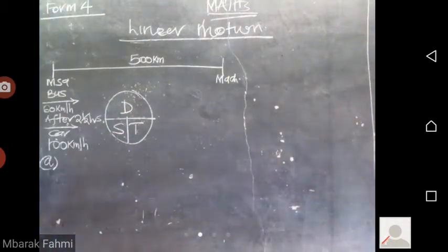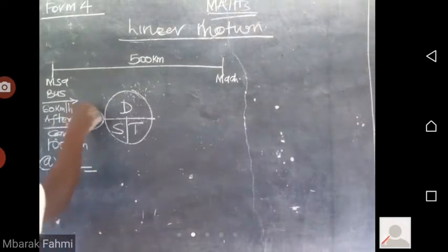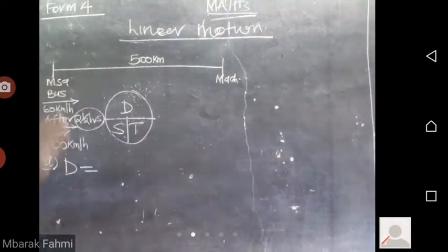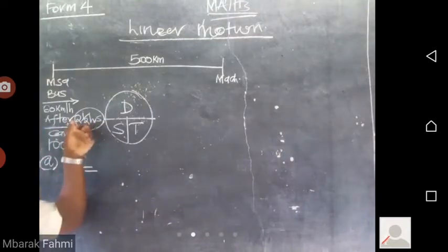So we can start by calculating the distance of the bus by the time the car is taking off. The car took off after 2.5 hours when the bus was in motion.